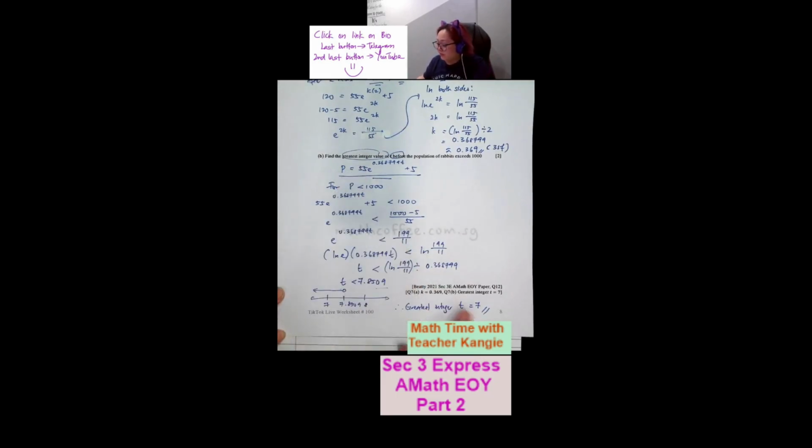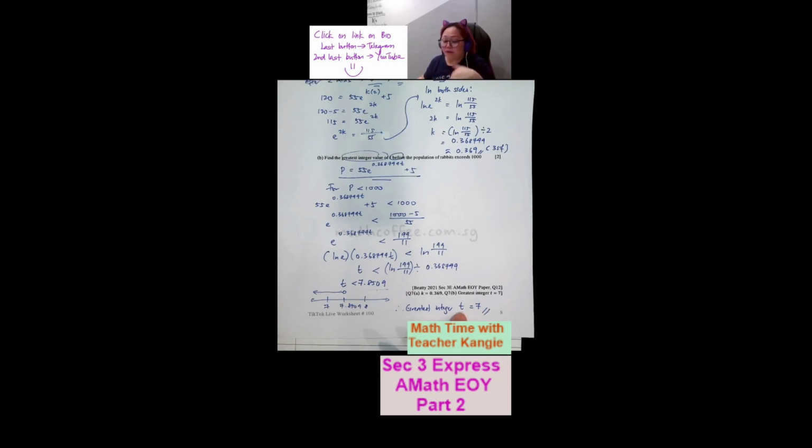So it means that at the 7th month, my population of rabbits hasn't exceeded 1000 yet. It is still less than 1000. Once it is above 7, it means 8. If you set t equals 8, you will be more than 1000.